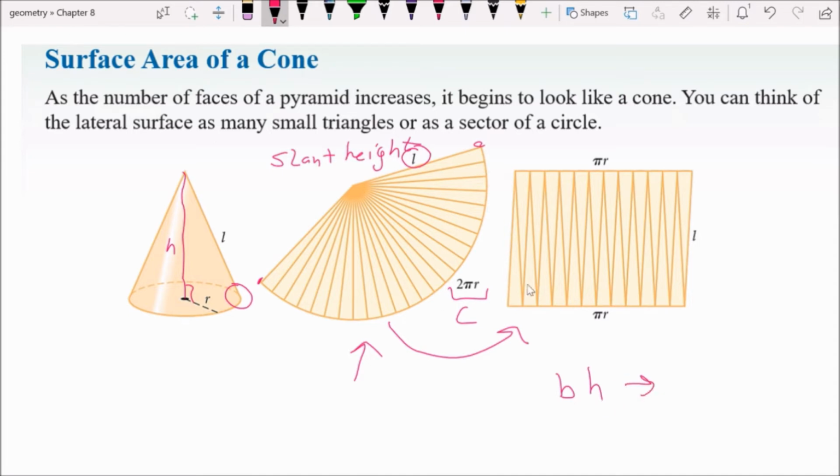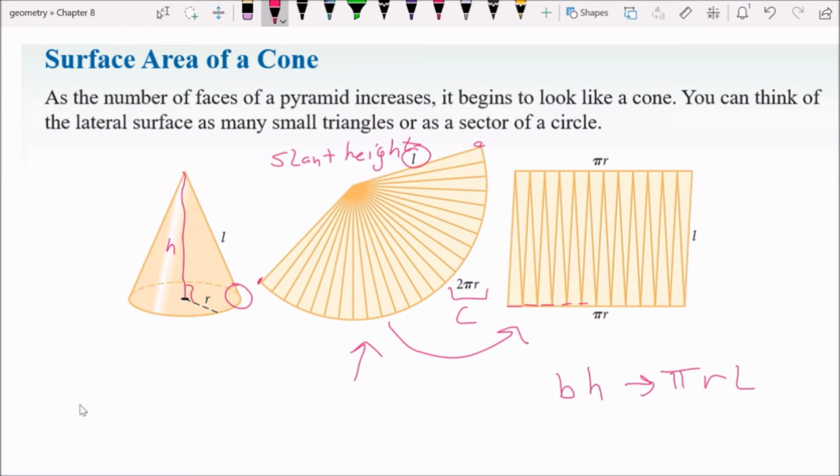But now that we've rearranged it in this way, because we've got half of these bases down here, we have pi times r instead of 2 pi r. It's half as much, because the other half is up here. And then our height on all these is L. You can see it vertically right there. So when we look at the area of the rectangle, base times height becomes pi r L.